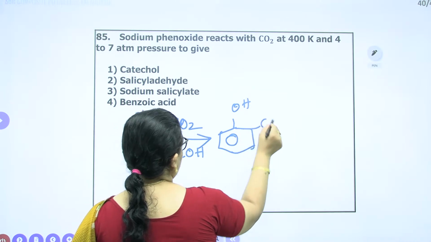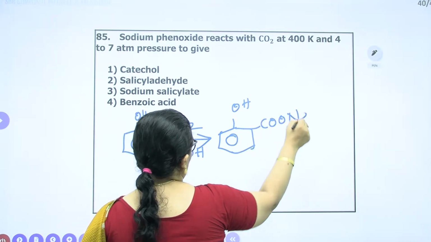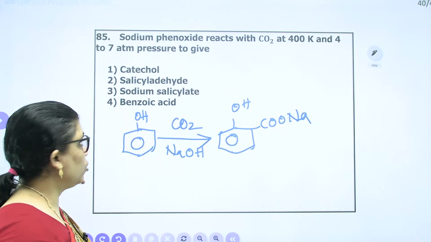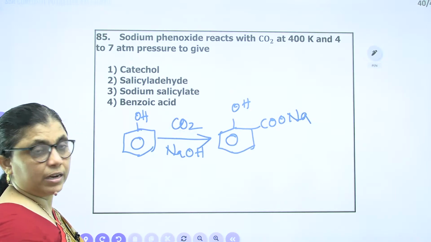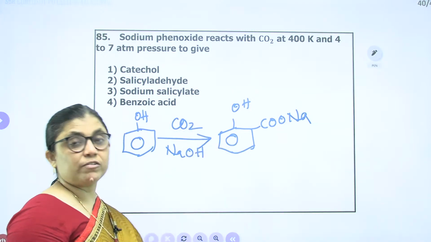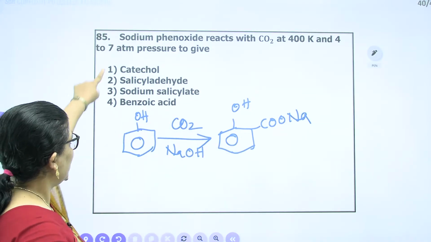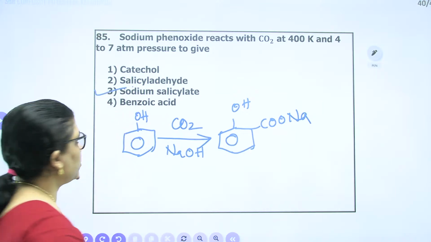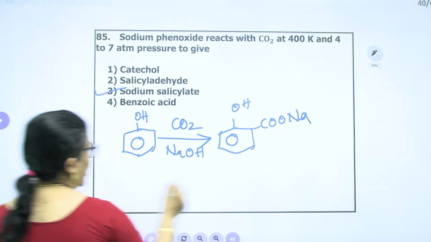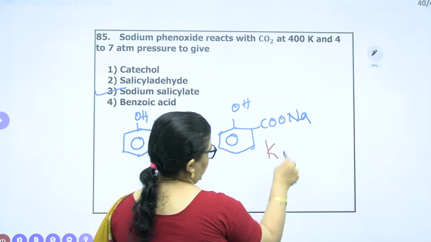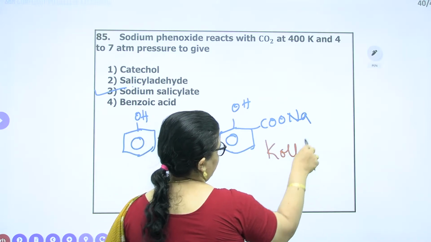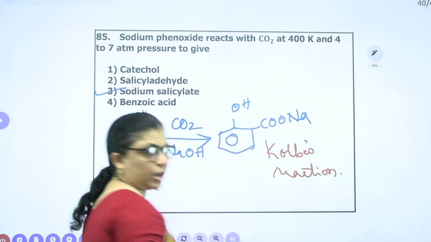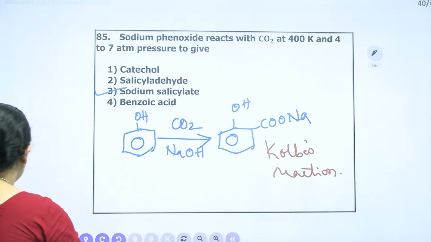The COOH group is more acidic, that's why the COO group will go to carboxylic group. Sodium salicylate, on further hydrolysis, gives salicylic acid. Read the option: sodium salicylate is the third answer. This reaction is Kolbe's reaction.